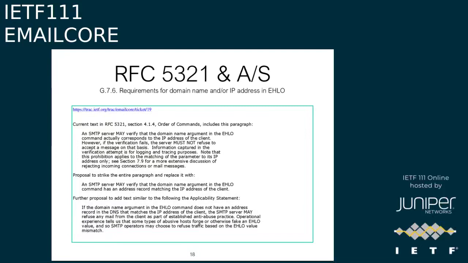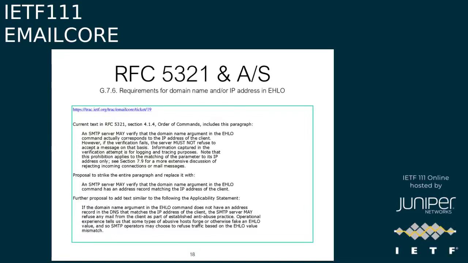Ned. I'm concerned that you say we're going to do verification. What does that actually mean? Unless you explain. Well, the proposed sentence says it may verify that the domain name argument has an address record matching the IP address of the client. Okay, and now what?